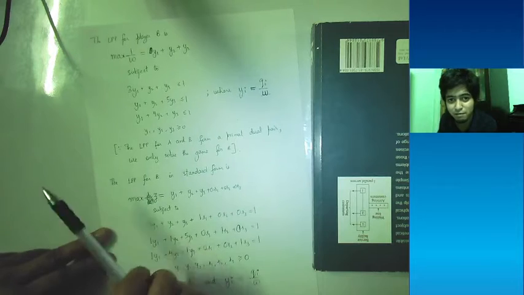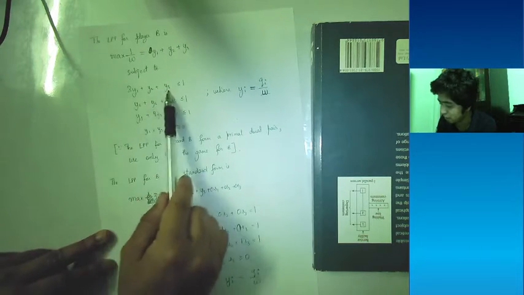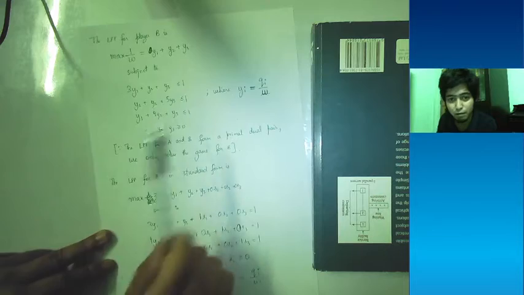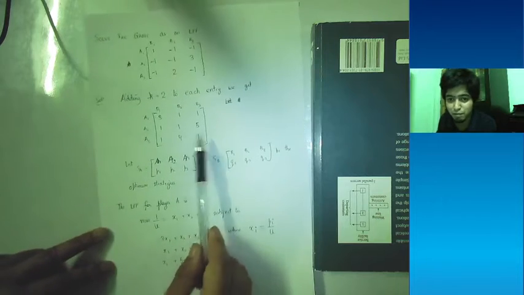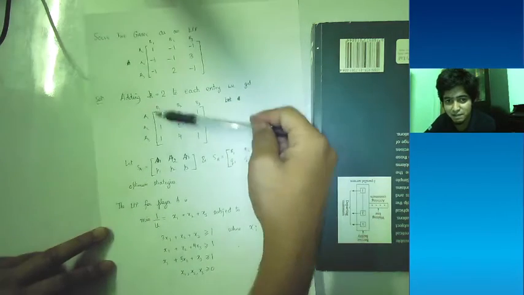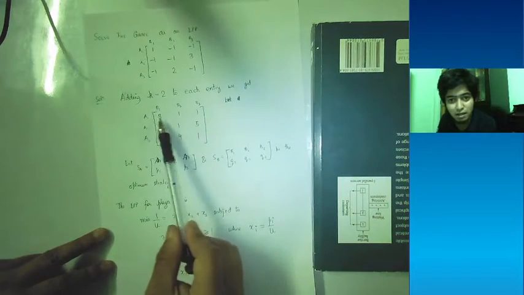It is from the rows of this matrix. You can see over here 3, 1, 1, 1, 1, 5, 1, 4, 1. It comes from this matrix 311, 115, 141. So you remember that for player A, it is the columns, and for player B, it is the rows.